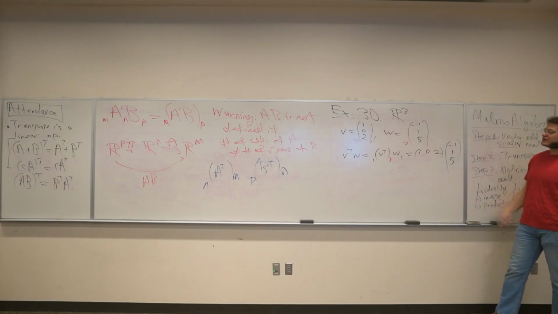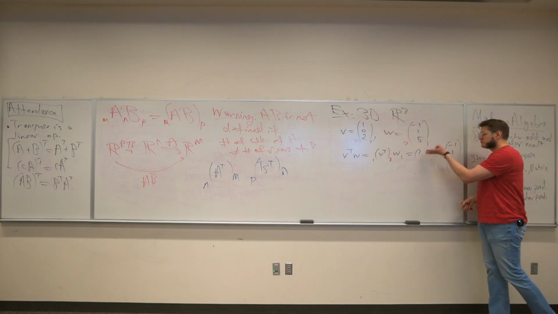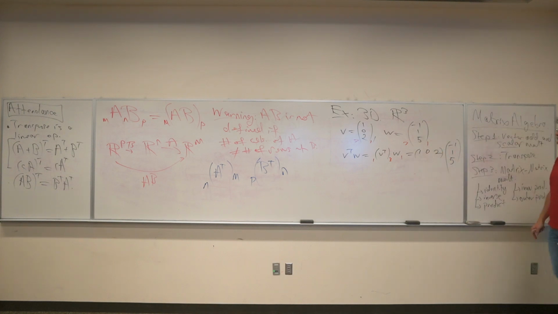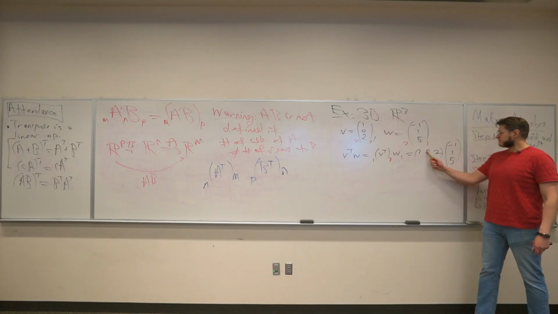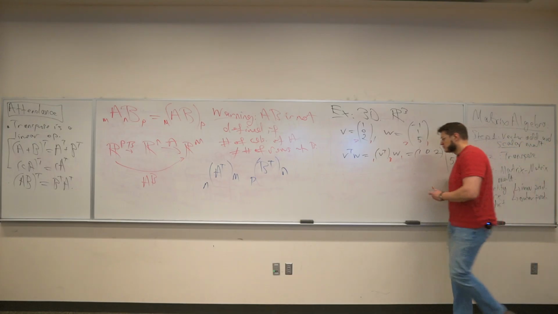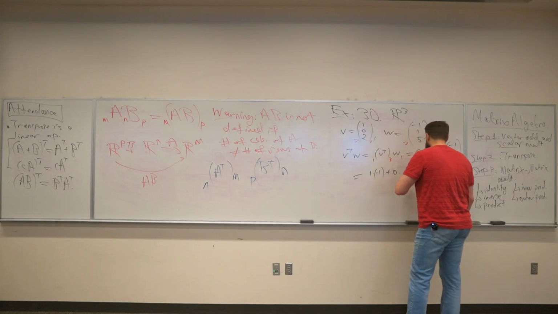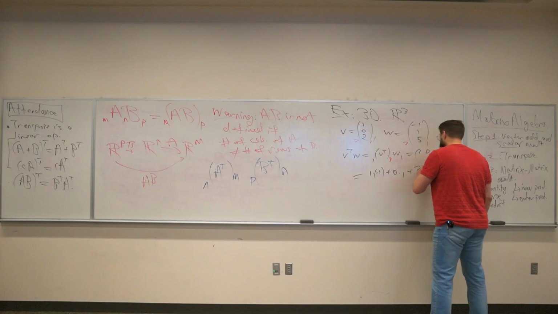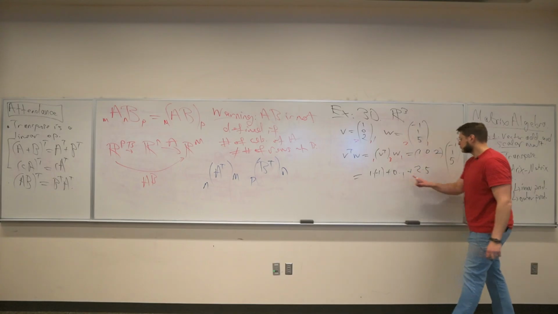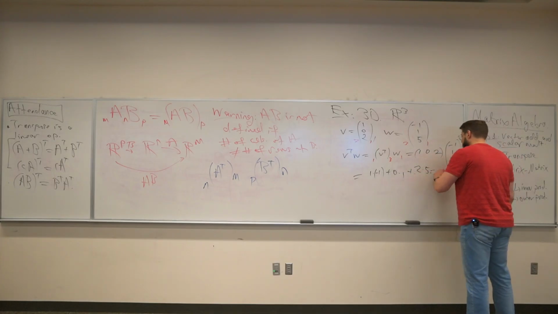Again, there's only one column, and I take a row against a column, and I just zipper them up. So this by this, plus this by this, plus this by this. And that's the rule. 1 times minus 1, plus 0 times 1, plus 2 times 5. That gives me minus 1. This gives me 10. That's 9.